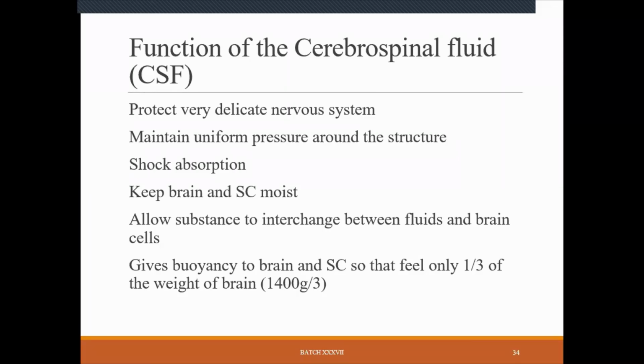Normally the brain weighs about 1,400 grams, about 1.5 kilograms, but we don't feel the weight of the brain because it is filled with cerebrospinal fluid.